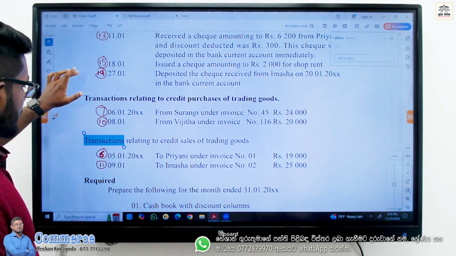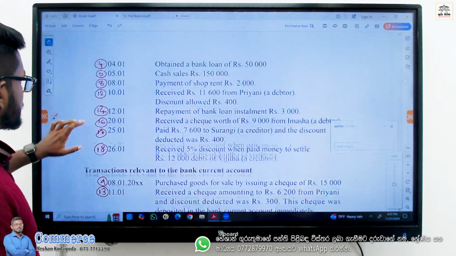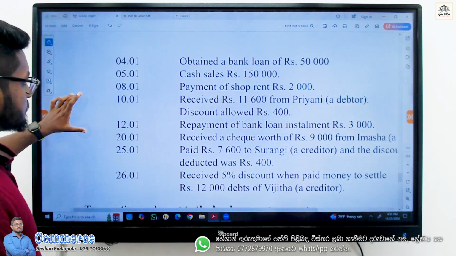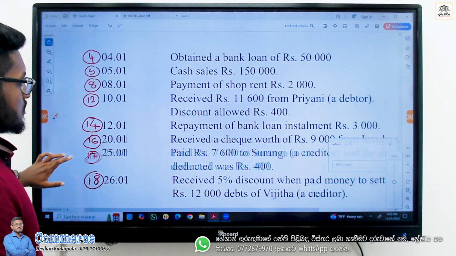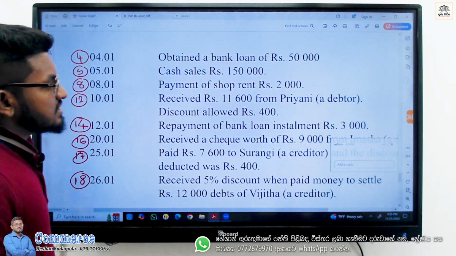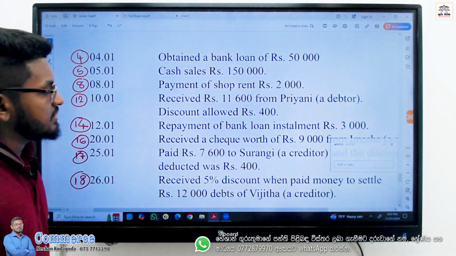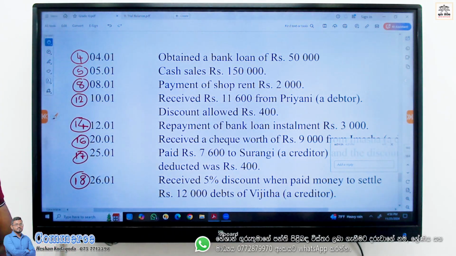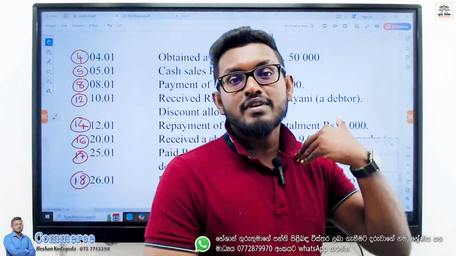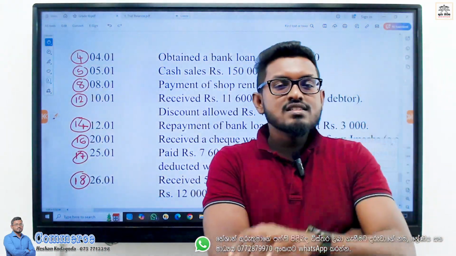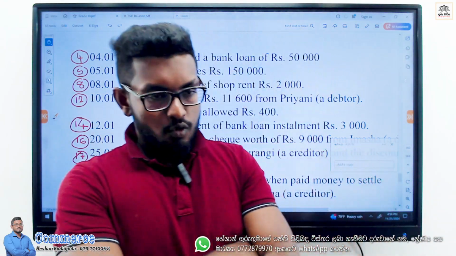Now let's see the 12th transaction. Where's the 12th one? Receive 16,600 from Priyani, a debtor, and the discount allowed is 400. Receive cash from a debtor, and the discount allowed is 400.